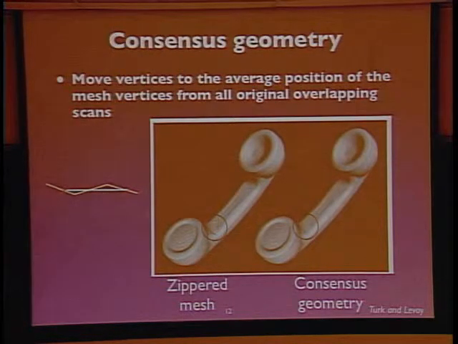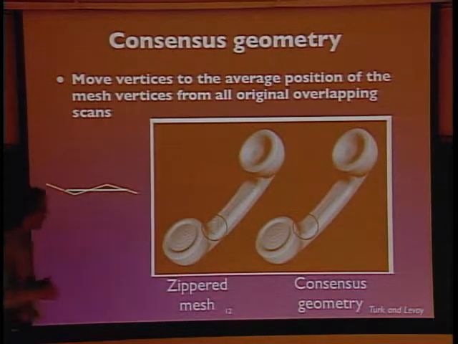So the thing you end up with is not just a simple conjunction of two pieces of surface, but something of an average between them. And if you do that, then the hope is that you will end up with something that is more flat, more like the actual underlying surface, and it uses multiple sensations of the same part of the surface to average out the noise instead of representing it.